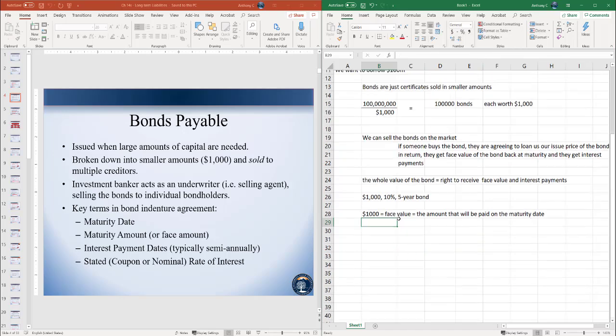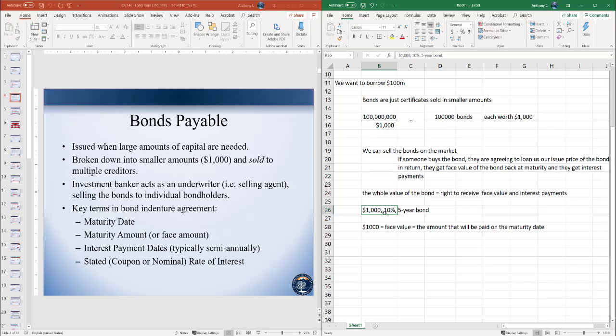This isn't necessarily the amount that the bondholder would have to pay to purchase the bond. The $1,000 just refers to how much money the bondholder will get when this bond is due back in 5 years.